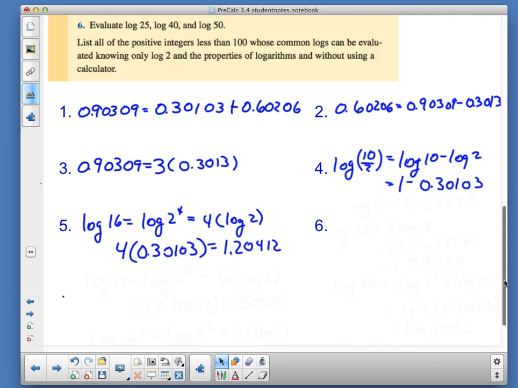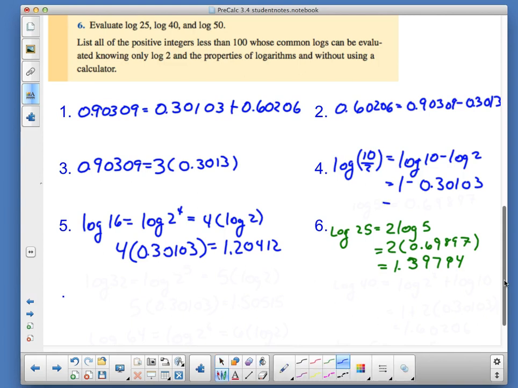Now, my last one, they say evaluate the log of 25, log of 40, and the log of 50. Well, I've got the 5, I've got the 10, I've got those going on. So I got 2 times the log of 5. We got the log of 5 up here, which should be equal to 0.69897. And that's where I got my log of 5.